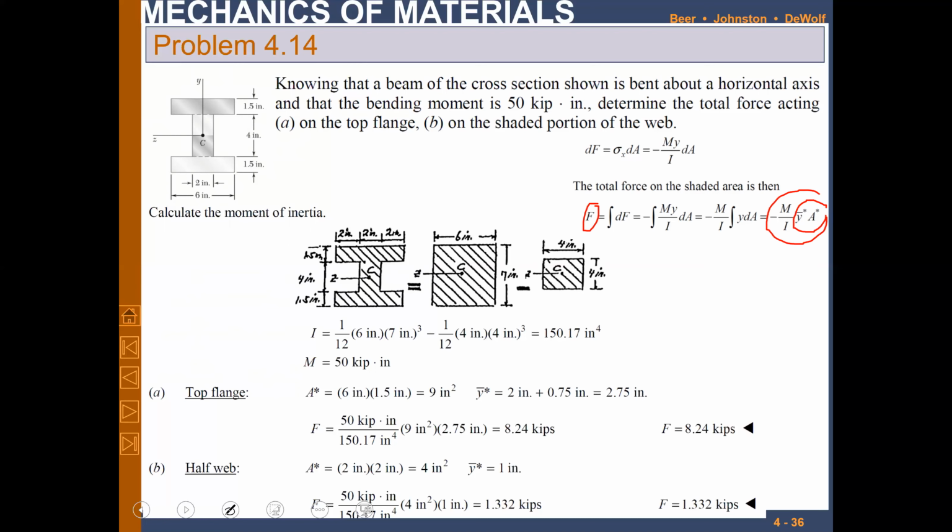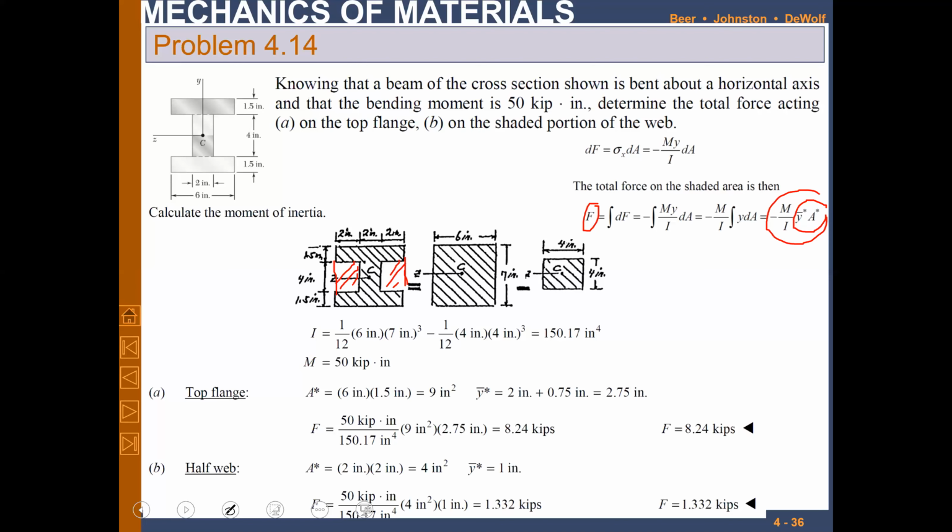So first we calculate the I. Since it is a rectangle, we will take the I of the rectangle minus the I of a smaller rectangle. These are the two rectangles which will be subtracted. The complete rectangle is 6 inch by 7 inch, and the smaller rectangle is 4 inch by 4 inch. So we will calculate the individual I's and subtract them.